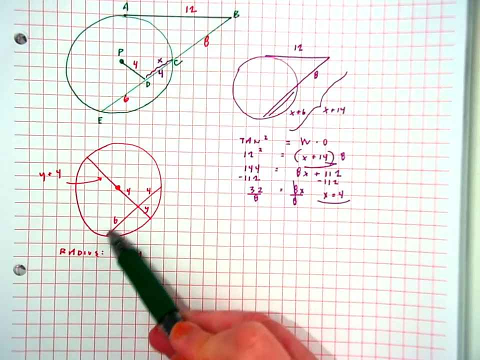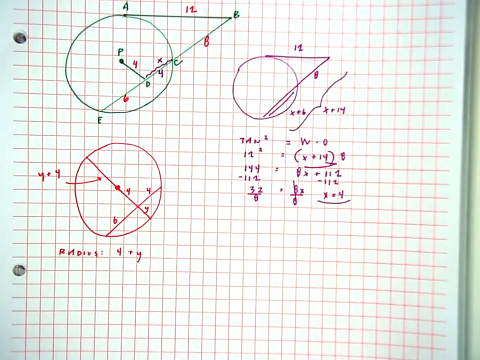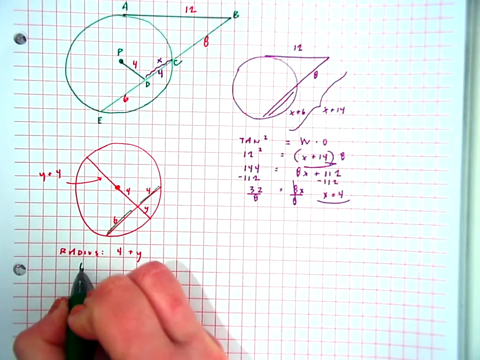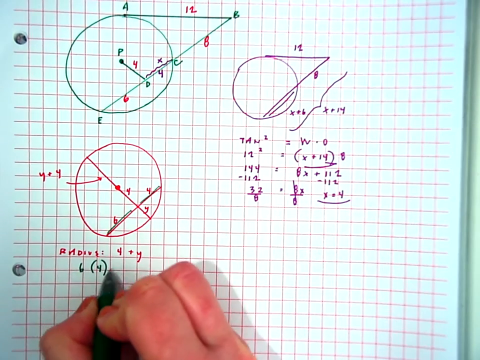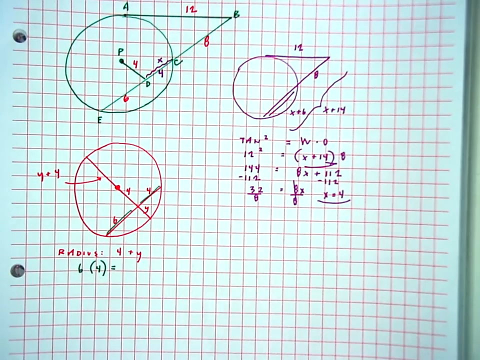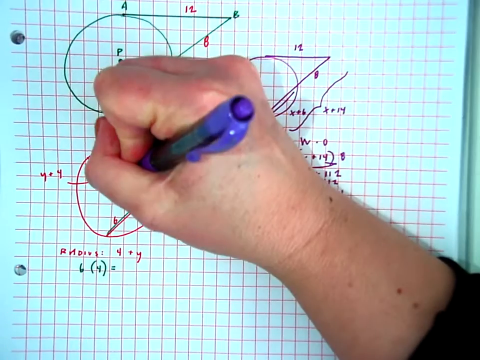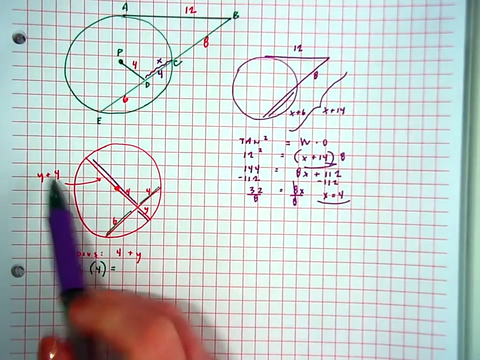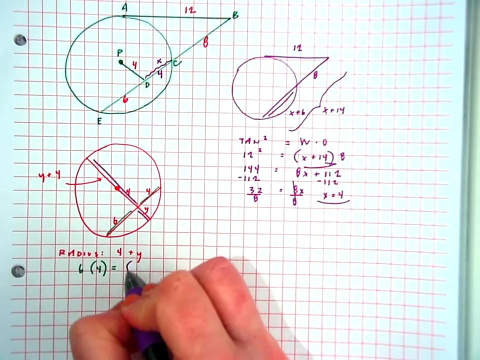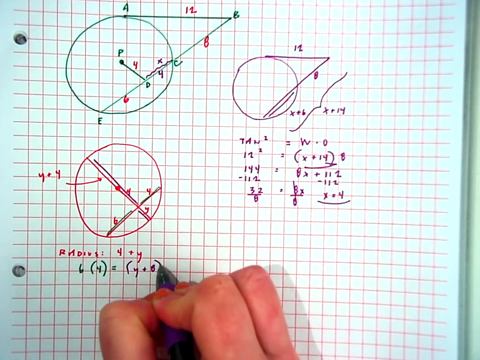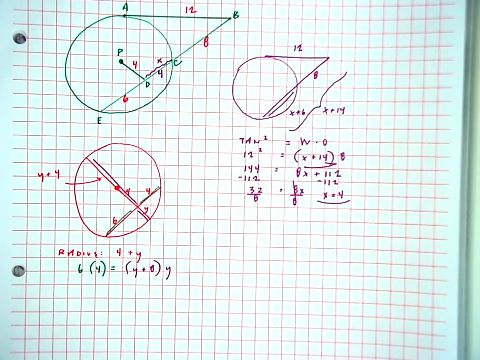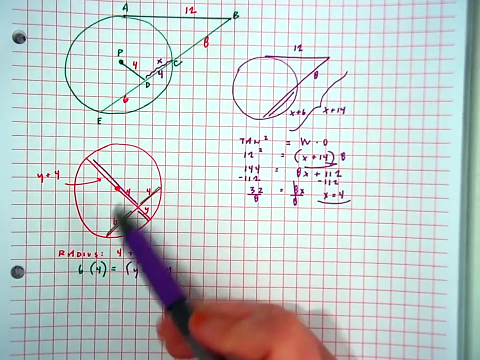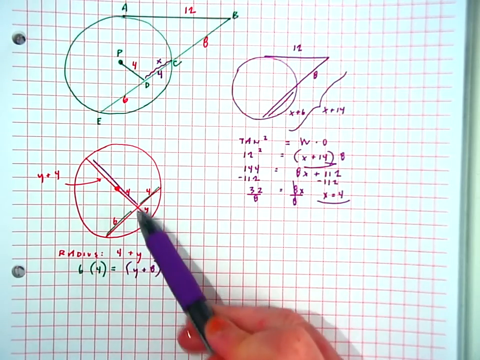So I know that 6 times 4, so I'm saying this part times this part, will be equal to what this part is times this part here. So here I'm saying, well, that's y plus 8 times y. So I know that when my chords are intersecting inside of a circle, I'm doing the product here equal to the product here.